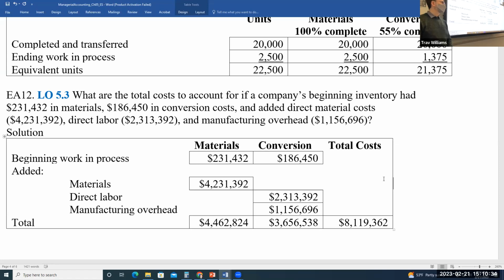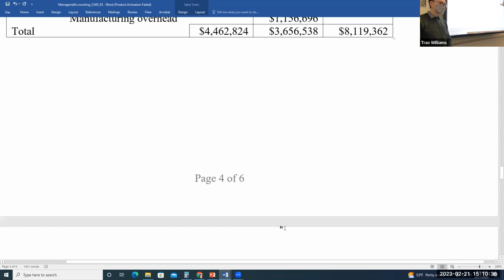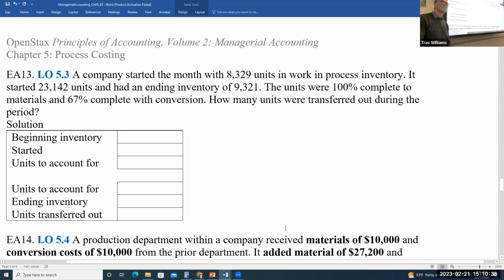Questions? Okay. All right, moving on to 13 then. Started with 8,329 units. Oh, wait. Yeah, that's beginning. Then it started another 23,142.